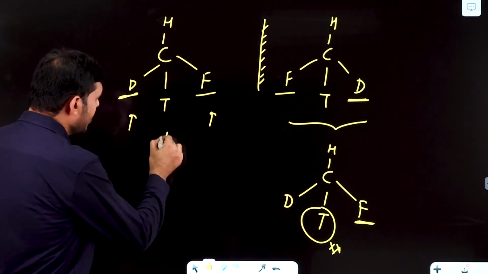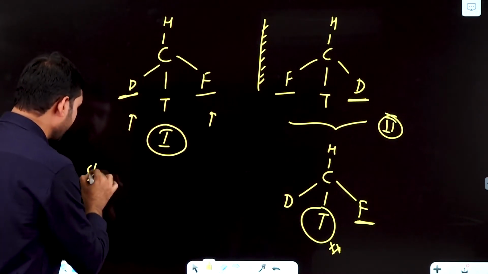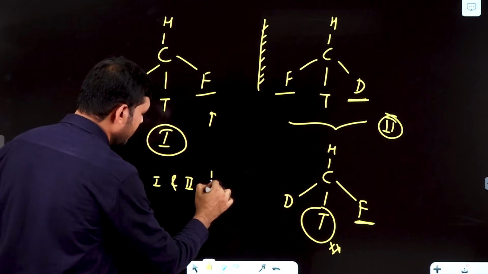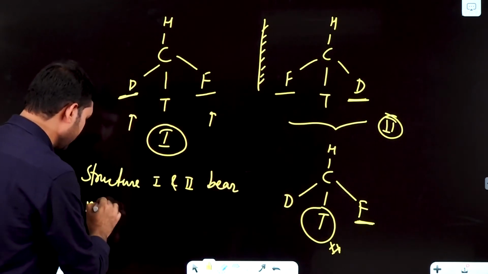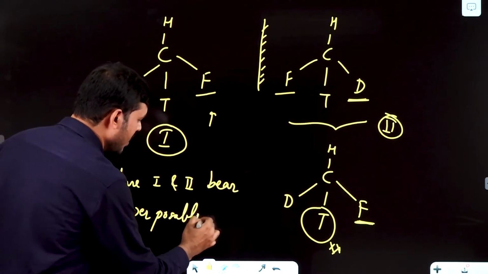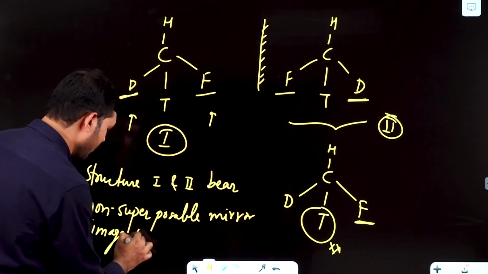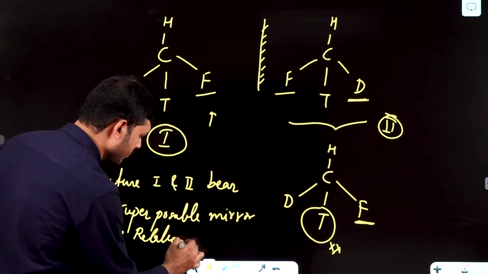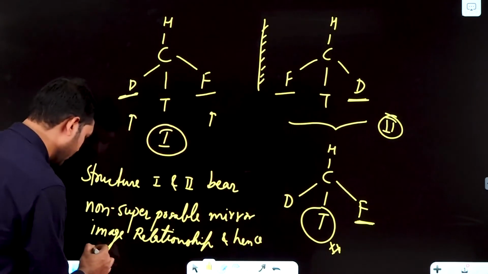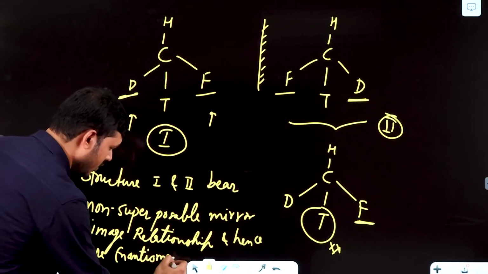Okay, so this is structure number 1, this is structure number 2. We can say structure 1 and 2 bear non-superposable mirror image relationship, and hence are enantiomers.